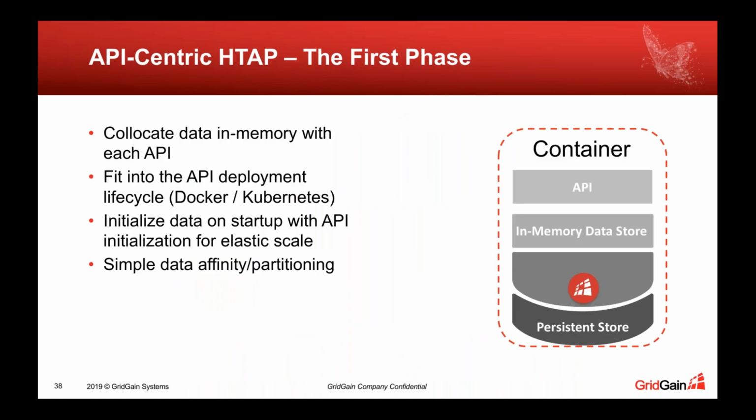So the API-centric HTAP is really, you're going to bundle an API and a node in a Docker and Kubernetes container. It's going to initialize on startup with the API. And the way you partition the data is just to focus on that API and the data that only that API needs.